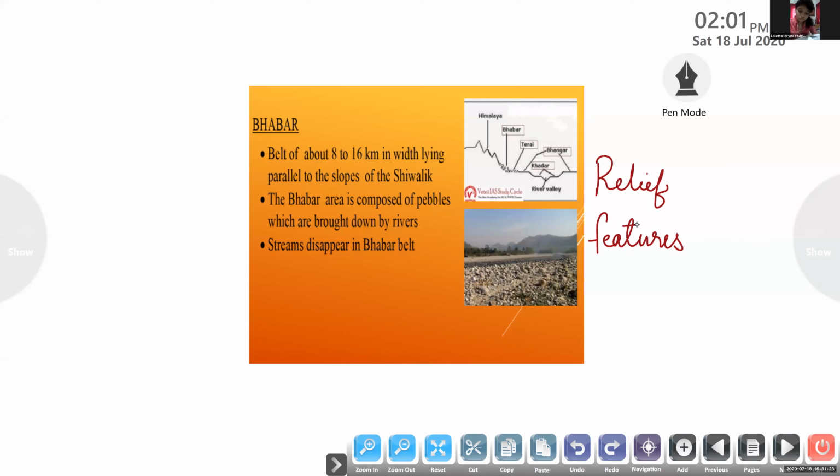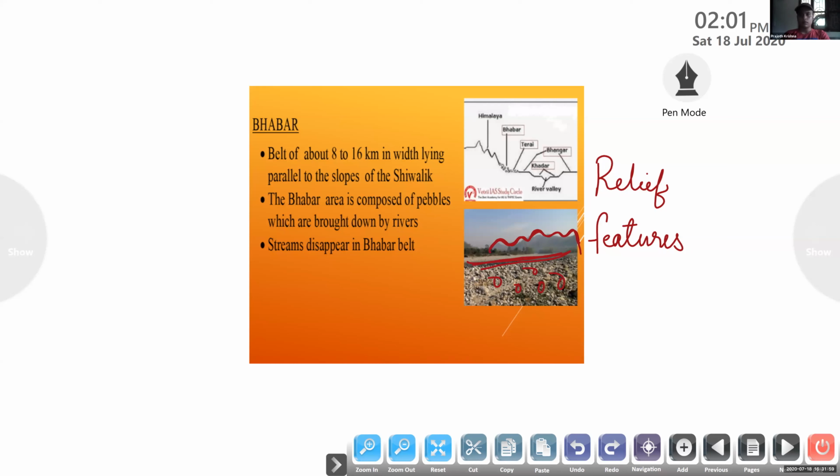In this picture, you can see a mountain here. This is Shivalik. On the foothills of Shivalik, that means the lower part or southernmost part, you can see some stones and pebbles. Then a river is flowing, but it is not visible. Can you see all this in this picture?